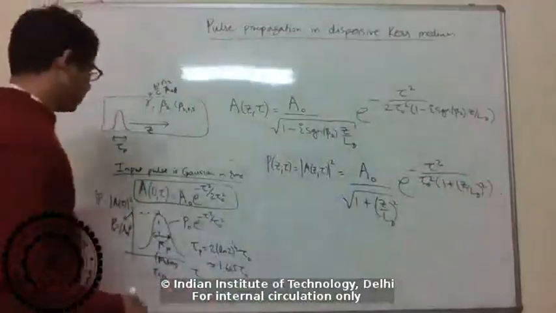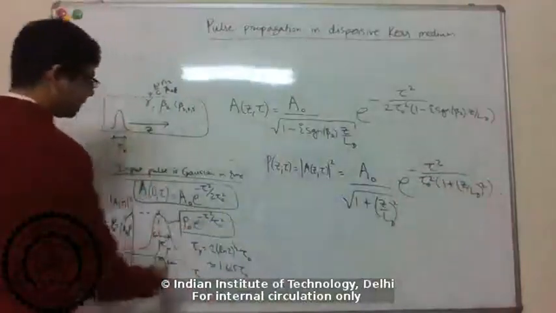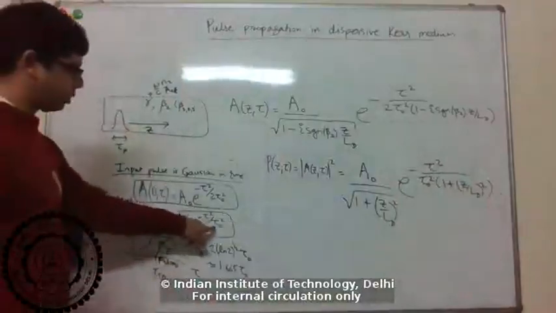Okay, so now you can do a comparison. The input pulse was P naught e to the minus tau square by tau naught square.